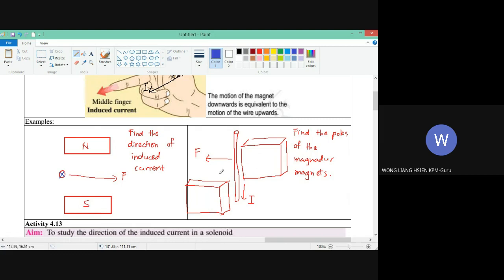This one, let's say, this is magnet X. This is magnet Y. So X and Y, which one is north? Which one is south? X south, Y north.